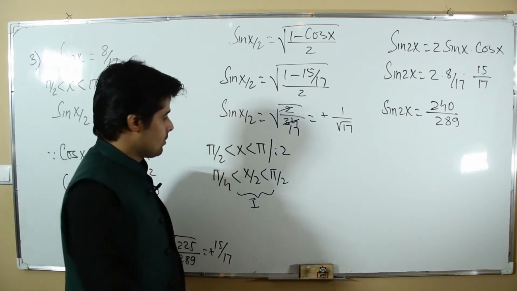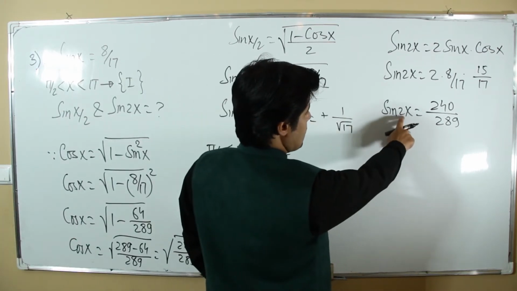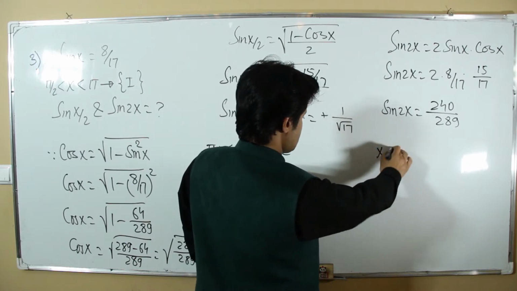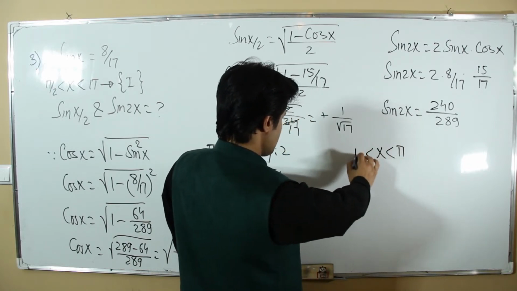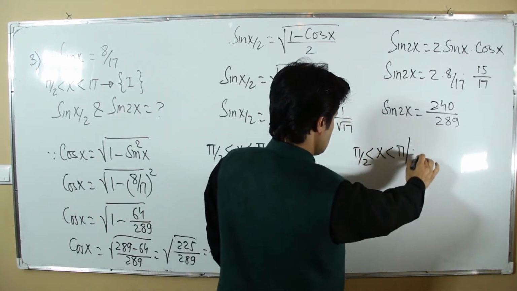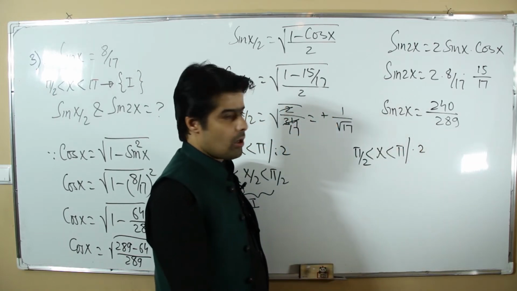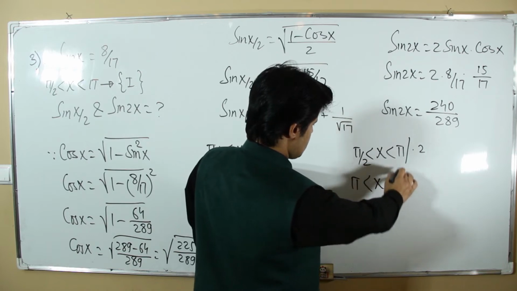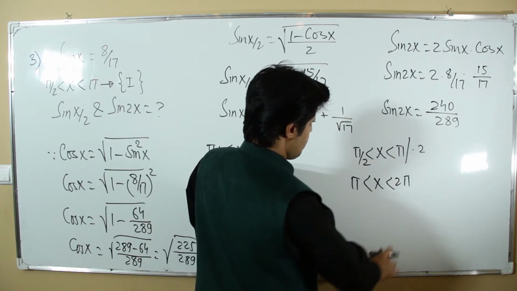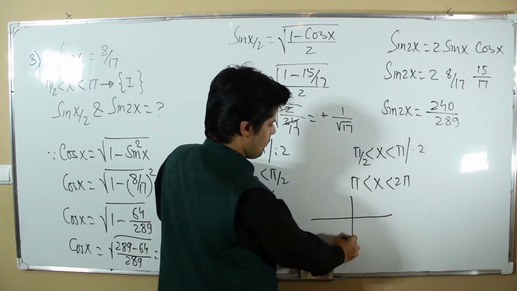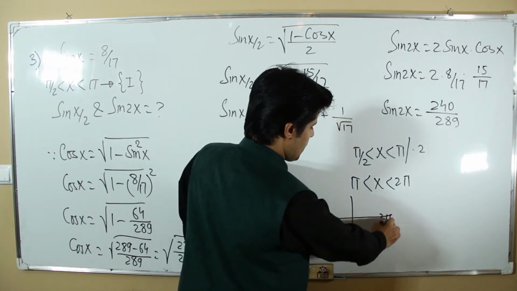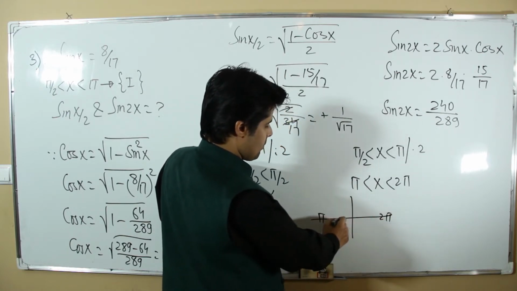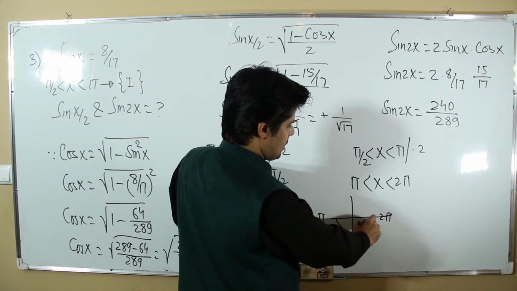Am I right? Yes. So what is the answer, positive or negative? Now you have to define the quadrant for 2x. X is given between pi by 2 and pi. So multiply all sides by 2. You will have pi, this one is x, this one is 2 pi. Between pi and 2 pi. I mean greater than pi and smaller than 2 pi.